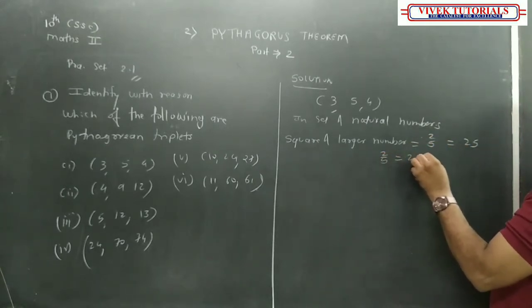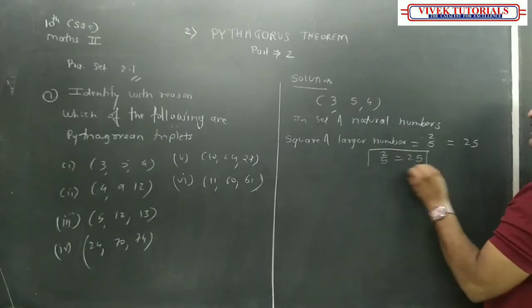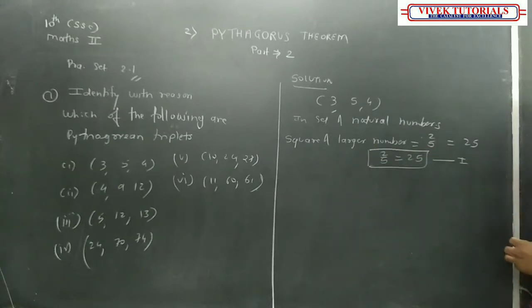So 5 square is equal to 25. This I am going to take it as equation 1.